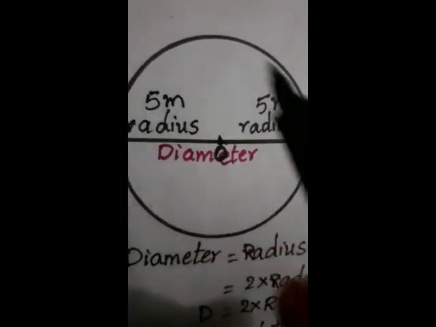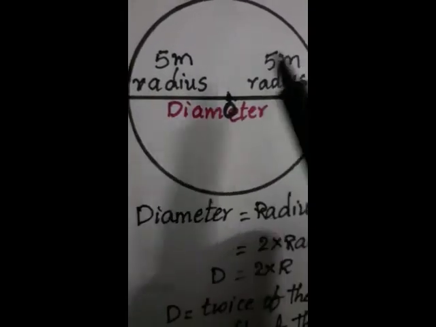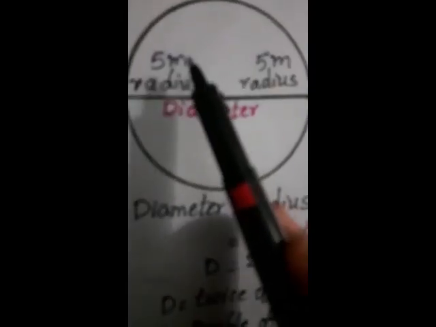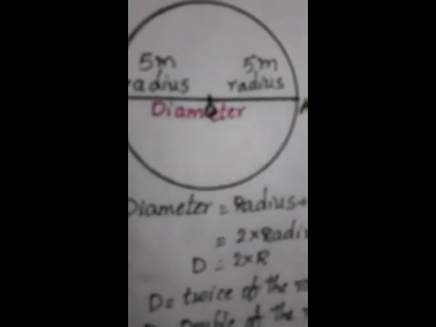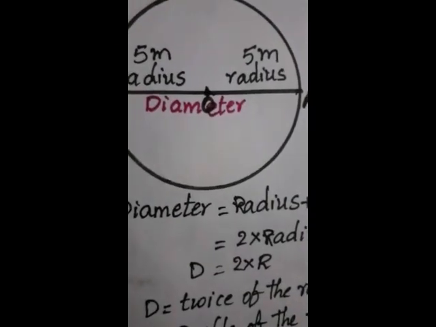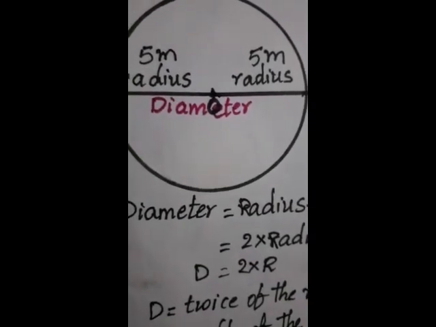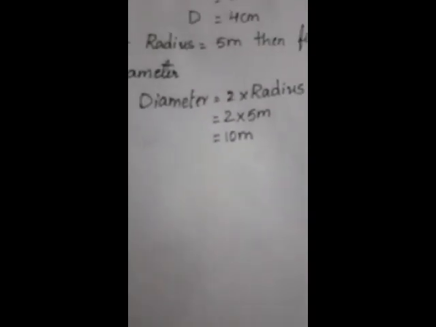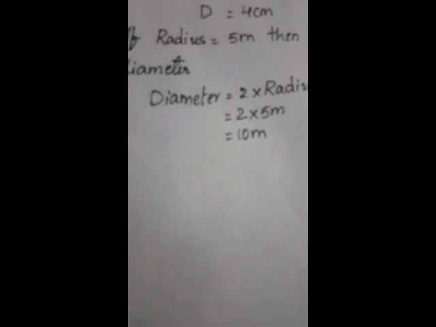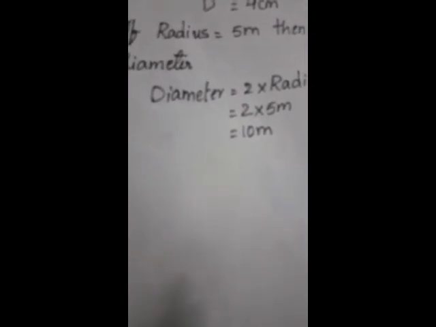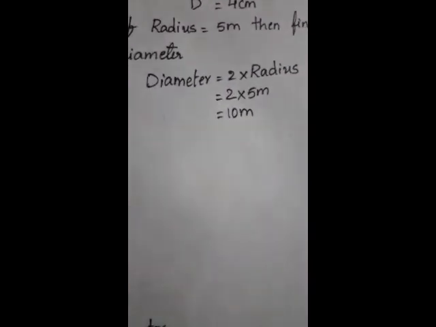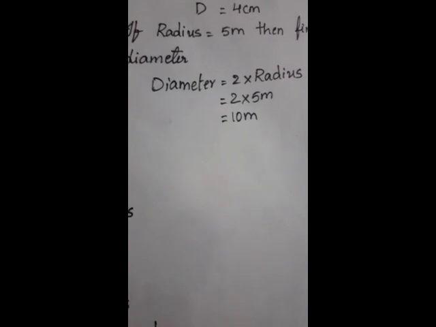Now if you join these two, you will get the diameter. 5 meters plus 5 meters, how much? 10 meters. So you got 10 meters as the diameter. Yes, you can do it in two ways: in the diagram or with the formula. Children, any method you can follow.